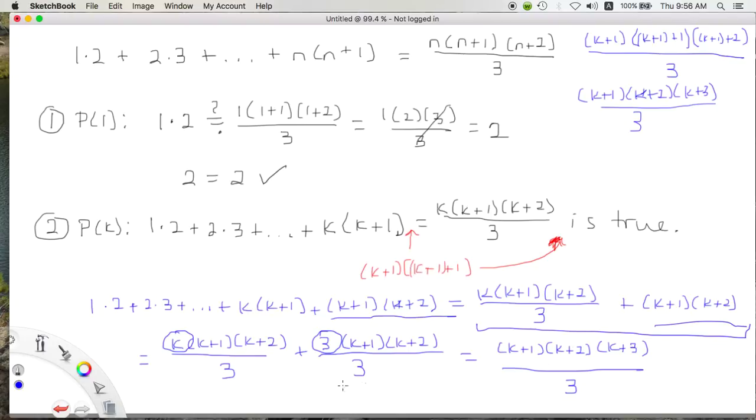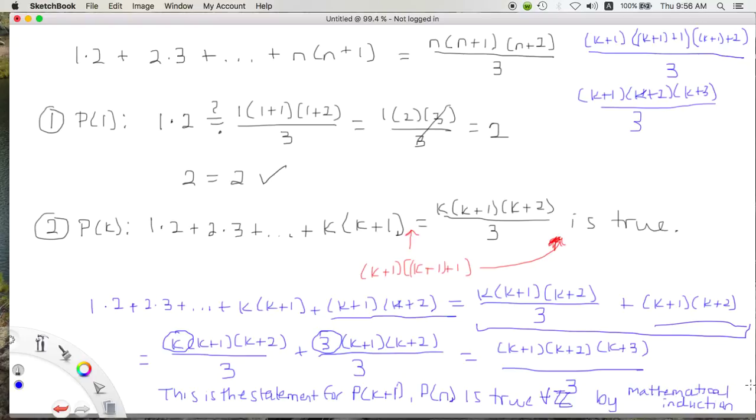So what you would say then is, this is the statement for p of k plus 1. So p of n is true for every integer by mathematical induction. Kind of ran out of room there, sorry.